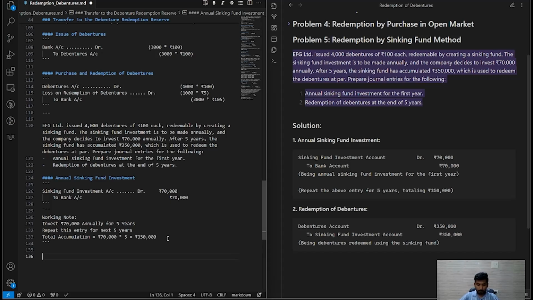After that, we talk about the redemption of the debentures. That is the debentures account debit to sinking fund investment account, which is rupees 3,50,000.